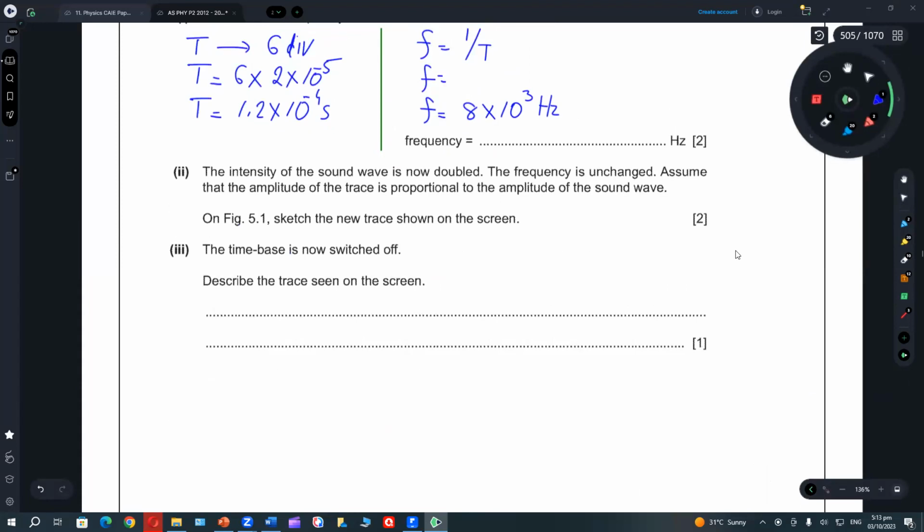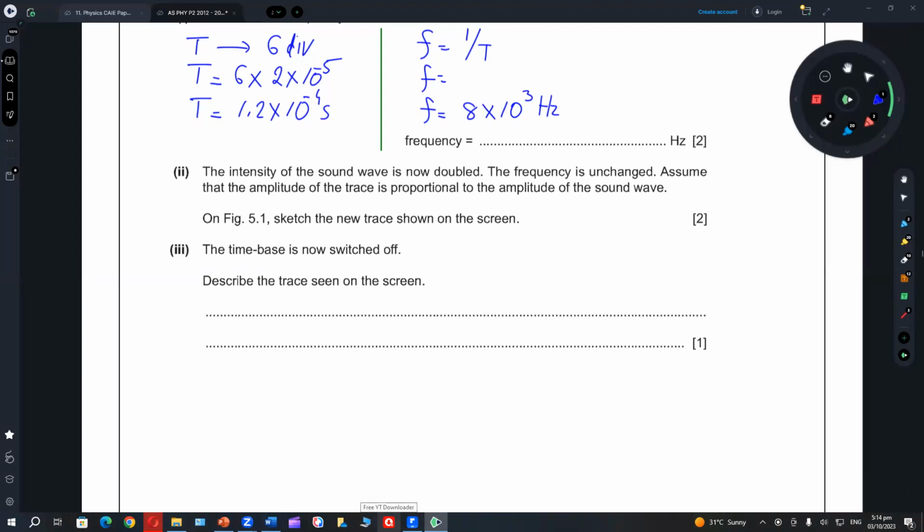The intensity of the sound wave is now doubled. The frequency is unchanged. Assume that the amplitude of the trace is proportional to the amplitude of the sound. Sketch the new trace shown on the screen. Intensity is doubled.